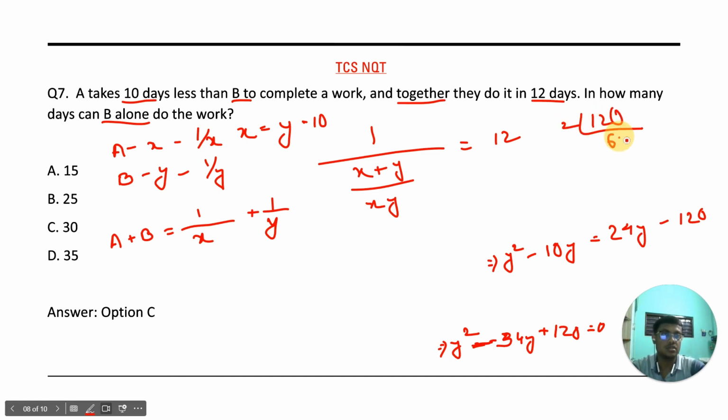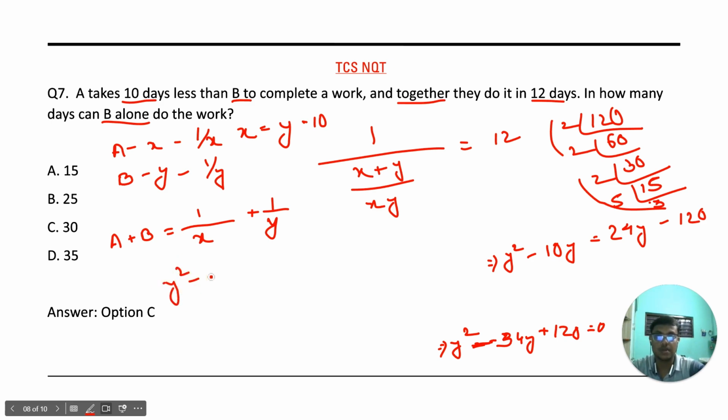Now we can factorize 120 to get the prime factors: 120, 60, 30, then we have 15, and 5 and 3. From here we can see that 5 3s are 15, 15 2s are 30, and this one is 4.